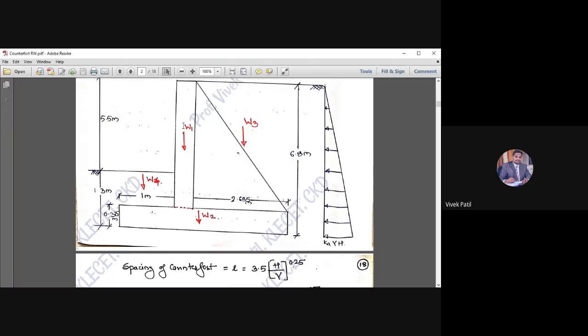So where will it be acting? It will be acting at the center of the stem. From this point, what will be its distance here?